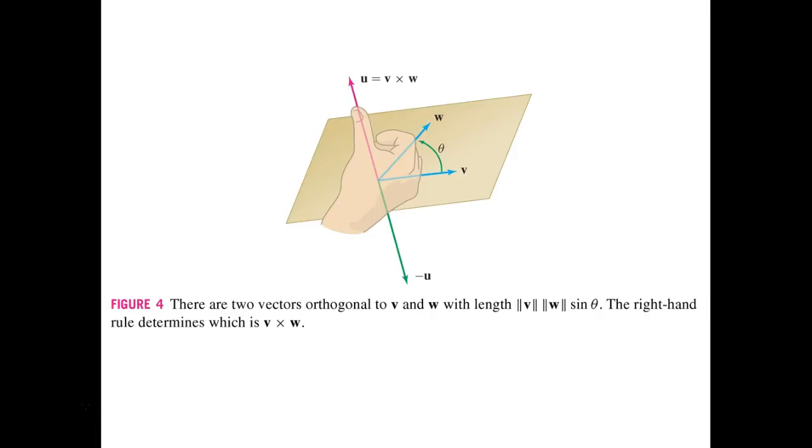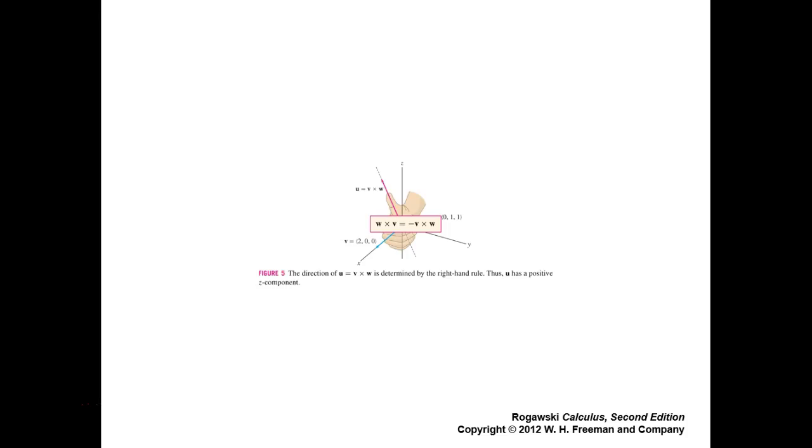Property 2 gives you the length of that vector, and property 3 tells you which of the two vectors is right-handed. It points in the right direction. So the first property gives you the line. The second property gives you the magnitude, and the third property gives you the direction. Which, to me, the first and third are awfully closely related. All right, I think we're now ready for example 3. Let's see if that's what this is.